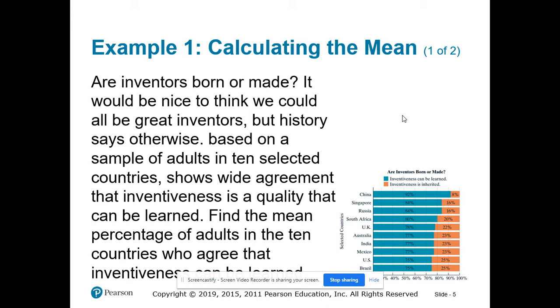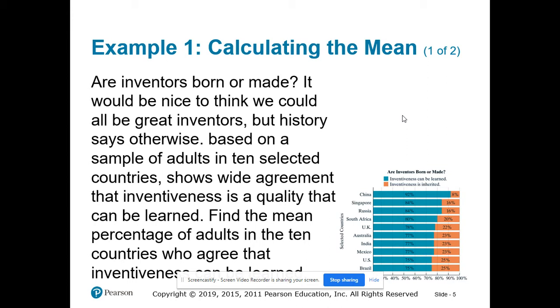Example 1: are inventors born or made? It would be nice to think we could all be great inventors, but history says otherwise. Based on a sample of adults in 10 selected countries, the survey shows wide agreement that inventiveness is a quality that can be learned.